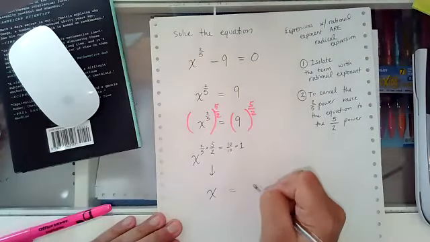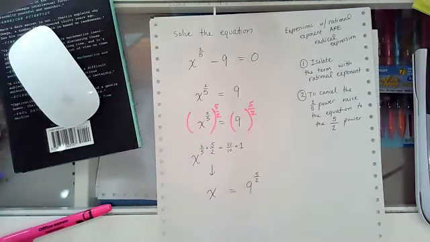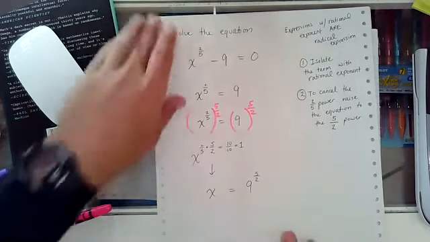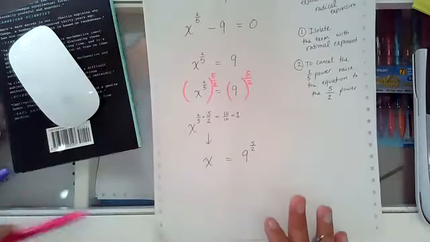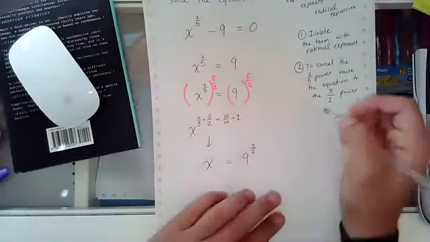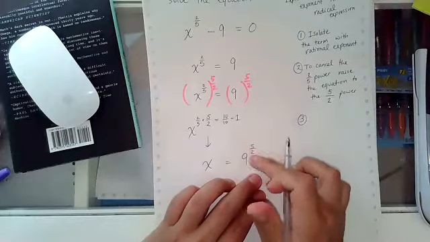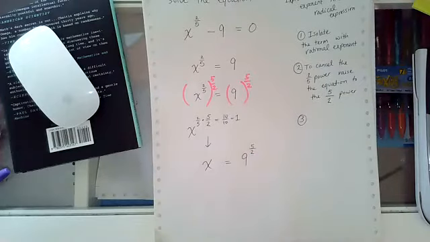We still have to deal with 9 to the 5 over 2 power. And there's 2 ways of doing that. Well, there's probably 3. But you could throw this into the calculator, or you can use the property that this fractional power is both a radical and an exponent.